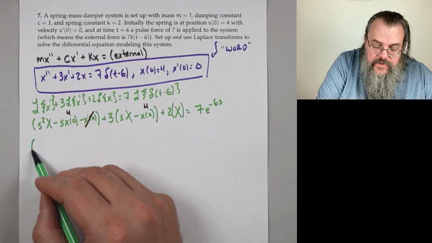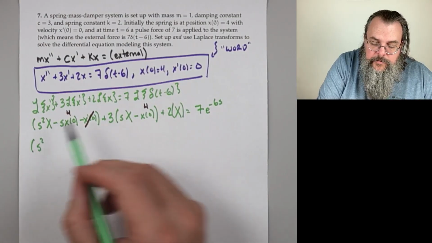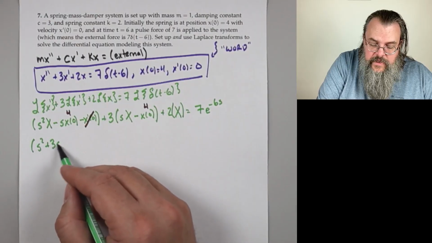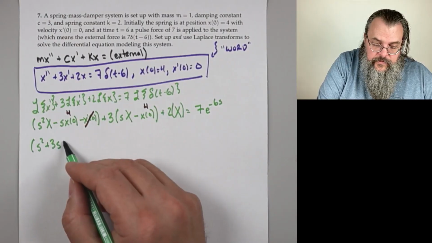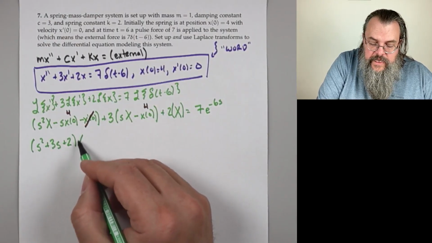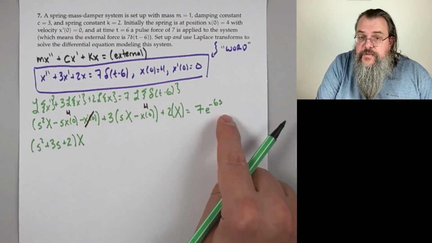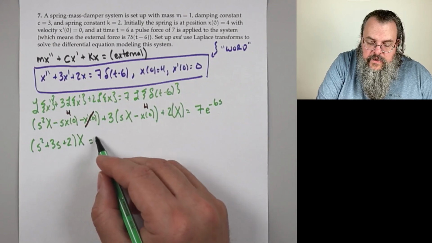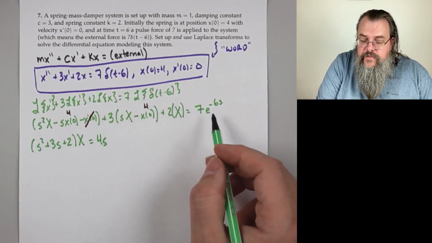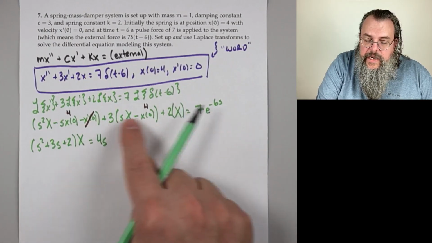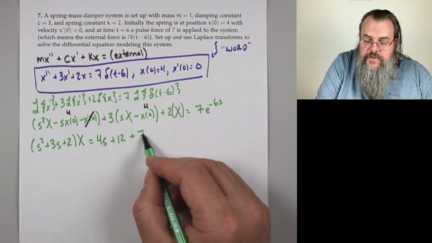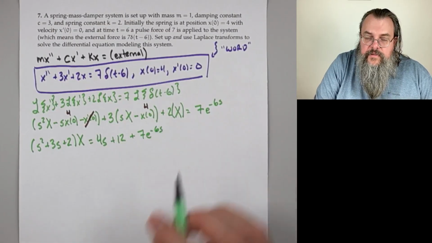Well, there's an s squared, a 3s, and a 2. And those are the x terms. The other stuff moves across. So there's a 4s. It's a minus 4s, but it comes across as a plus 4s. There's a minus 12, which becomes a plus 12. And a plus 7e to the minus 6s.